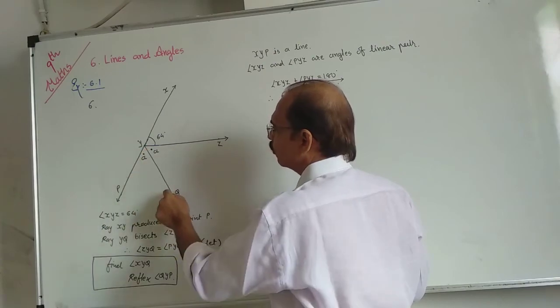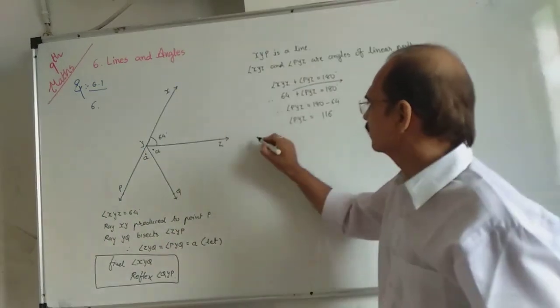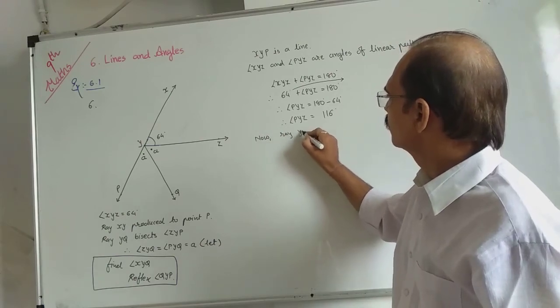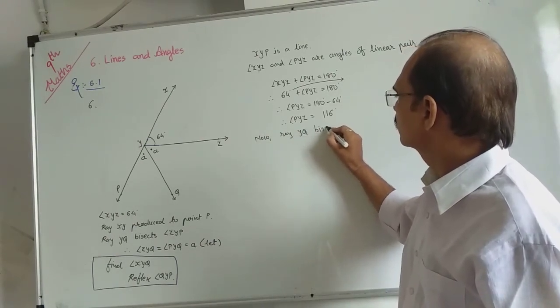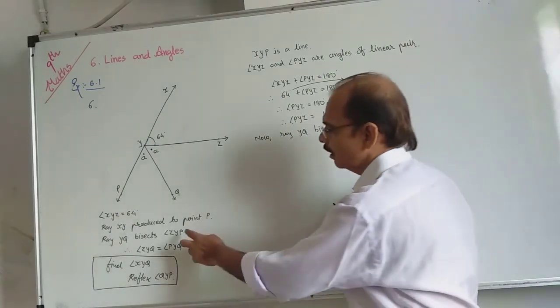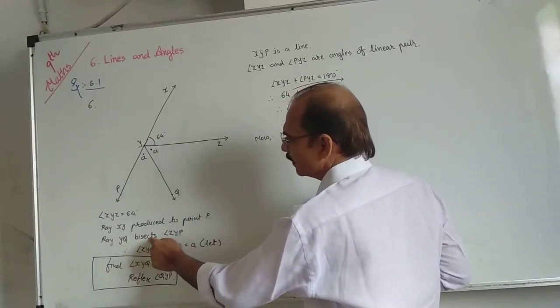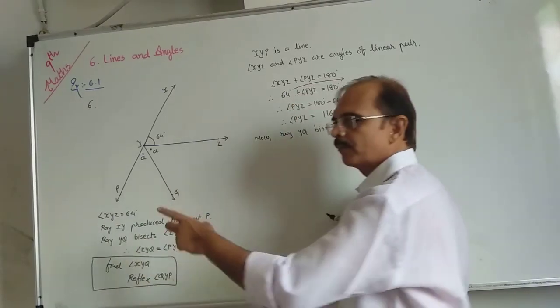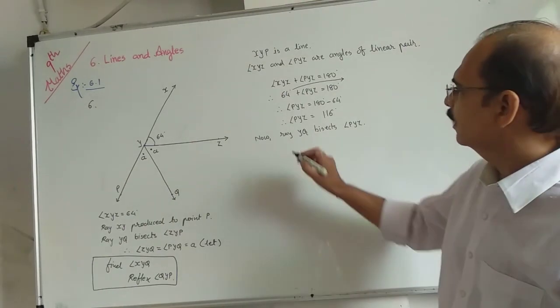Now ray YQ bisects angle PYZ, given. Bisect means equal part.